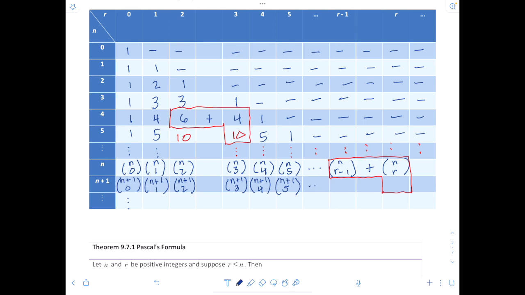If you keep going in that manner, we will end up getting n plus 1 choose r. And we'll prove that momentarily.